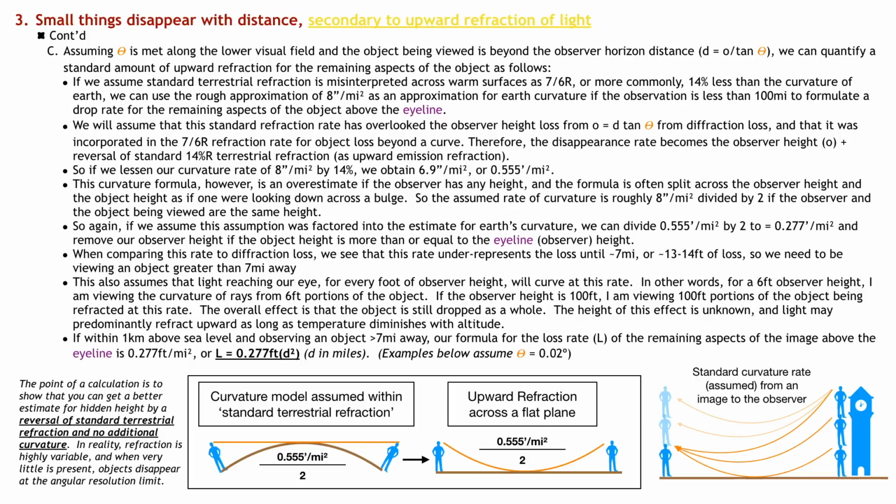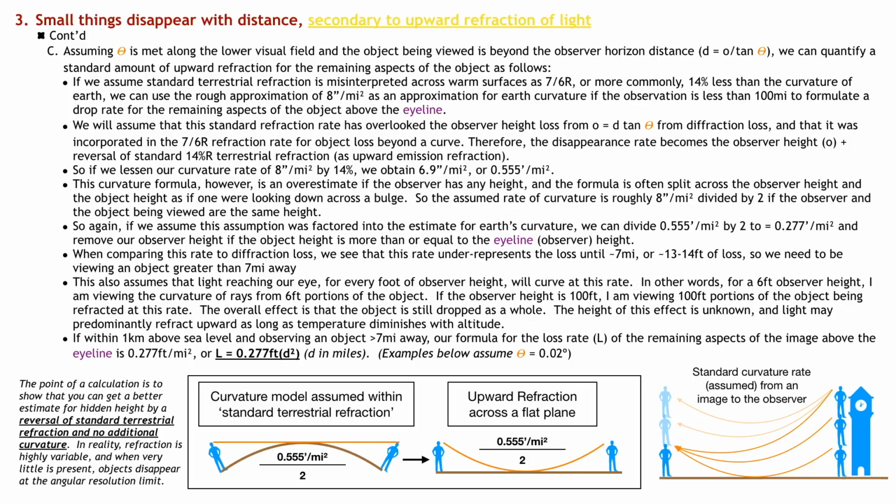If we assume standard terrestrial refraction is misinterpreted across warm surfaces as 7/6R, more commonly 14% or 16% less the curvature of Earth, we can use the rough approximation of 8 inches per mile squared as an approximation for Earth curvature, if the observation is less than 100 miles, to formulate a drop rate for the remaining aspects of the objects above the eye line. Please see part 5 for the derivation of that 100-mile point.